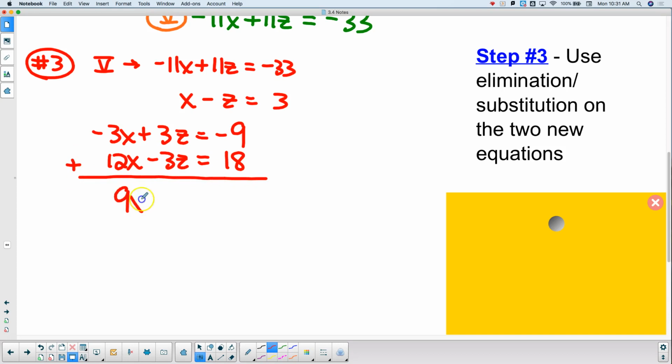I get 9x equals 9. So then what? Divide by 9. So x is 1.